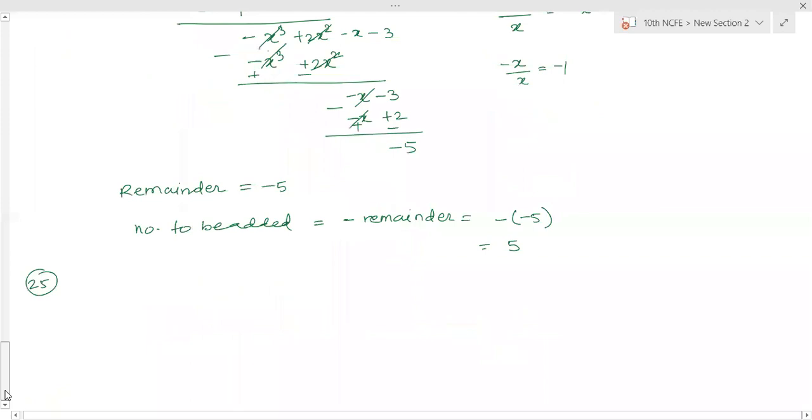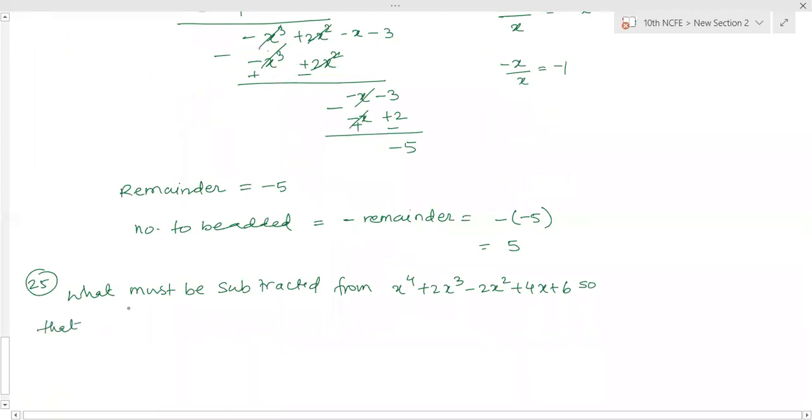What must be subtracted from x to the power 4 plus 2x cube minus 2x square plus 4x plus 6, so that the result is exactly divisible by x square plus 2x minus 3?